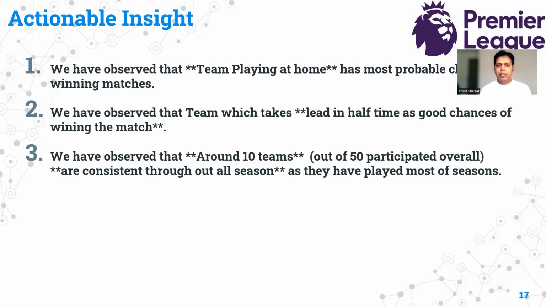And we have also seen finally the consistency of the teams. There are only around 10 teams which have been consistent across all the seasons. So these are the insights we have drawn from this data set.